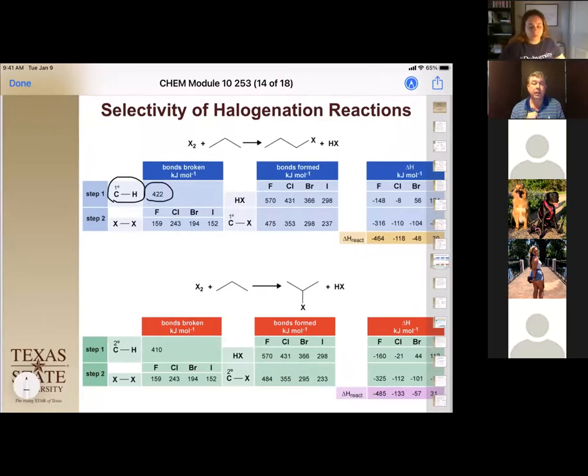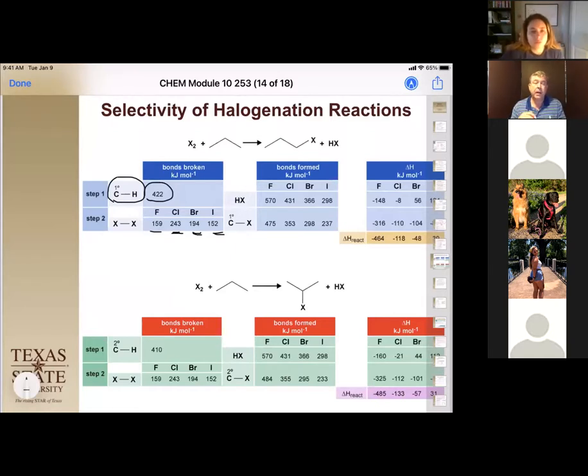When we look at the breaking of each of these, notice that fluorine has a bond dissociation of 159. Chlorine's higher, then bromine starts coming down, and iodine's a little bit below that. So we're looking at a slightly different distribution there.